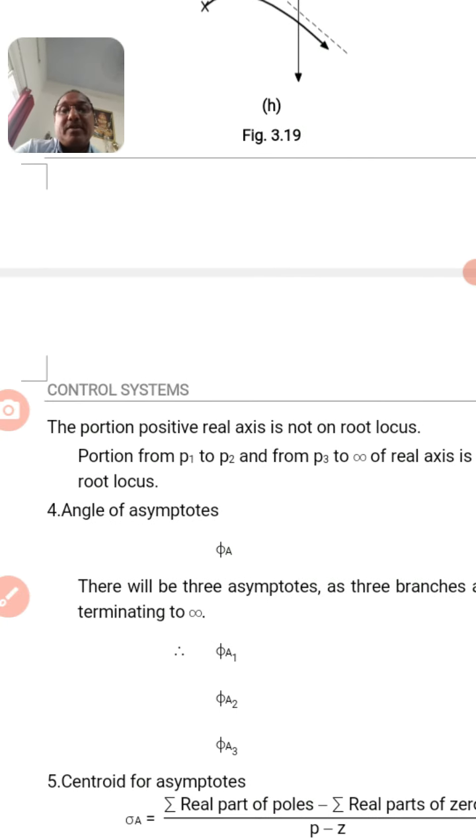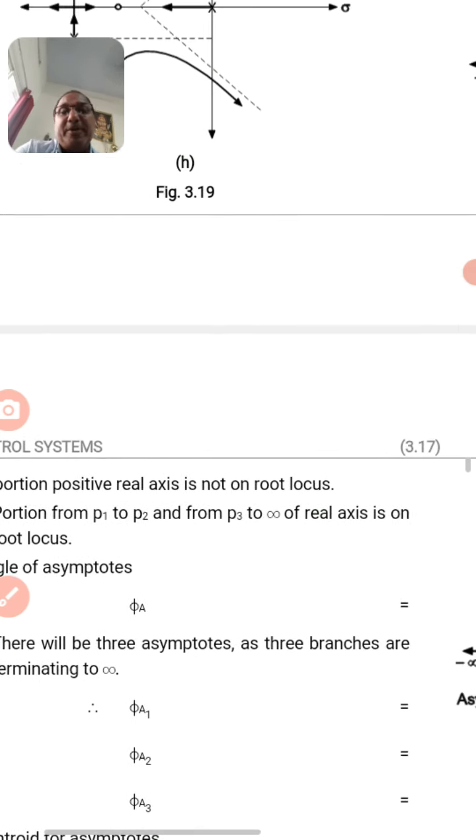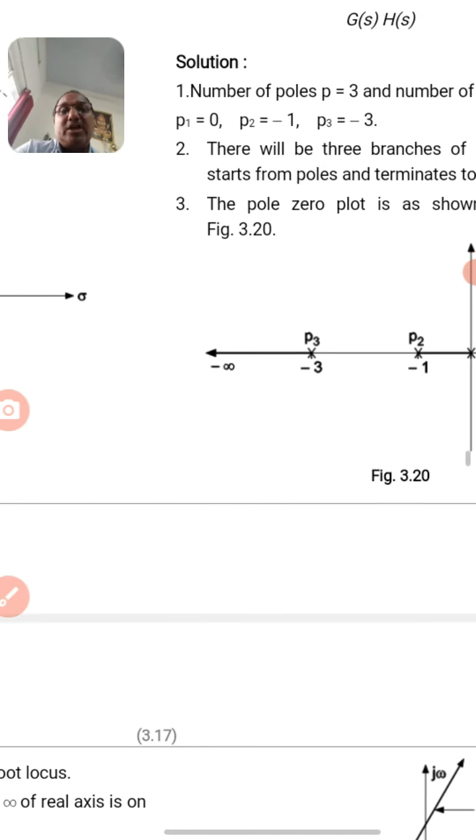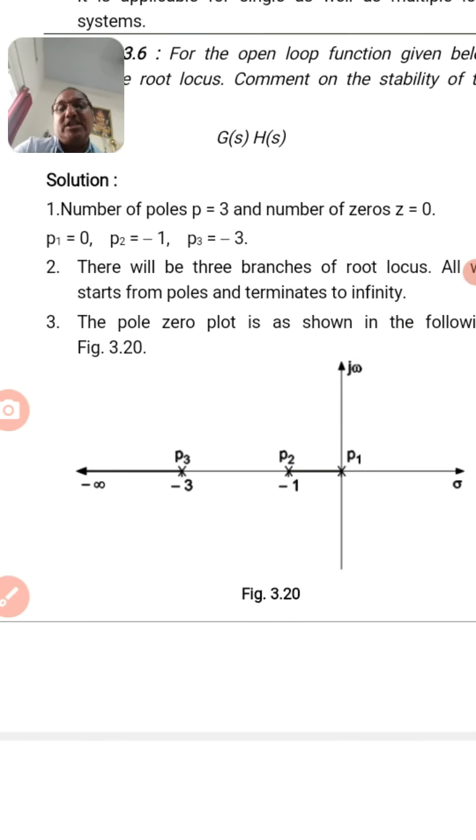Now the portion of the positive real axis is not on the root locus. The portion from P1 to P2 and from P3 to infinity on the real axis is the root locus here. This is point number 1.